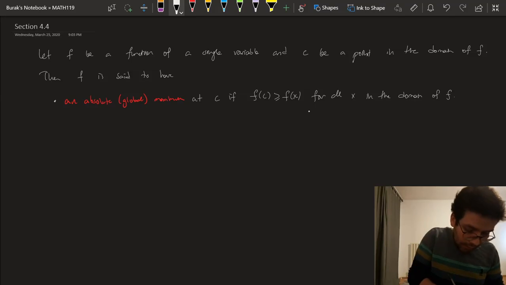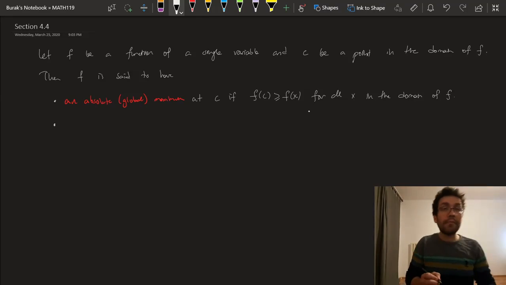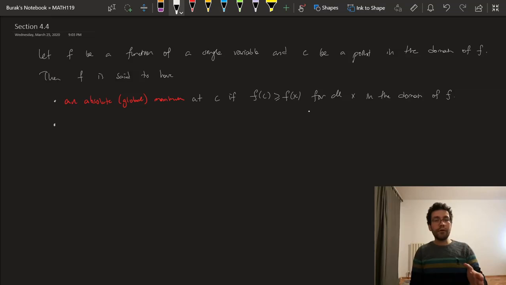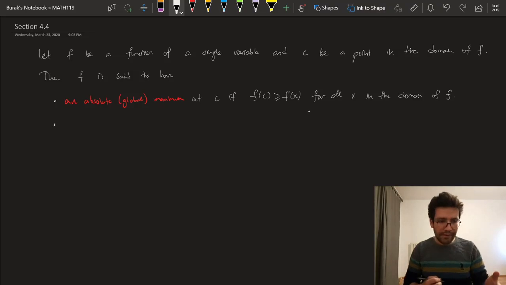Absolute maximum means that the value of the function at that point is the largest possible value that it can take. So if f has absolute maximum at c, f of c is by definition greater than or equal to f of x for all x in the domain of f.